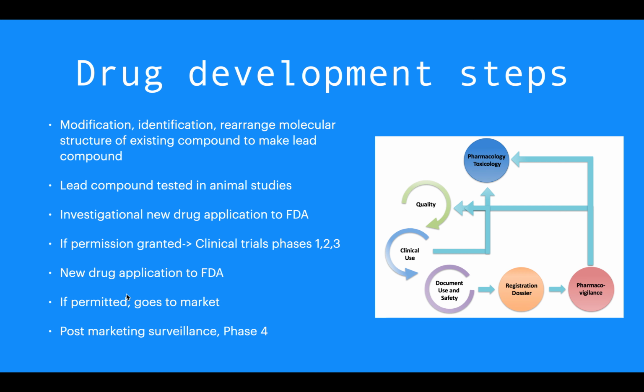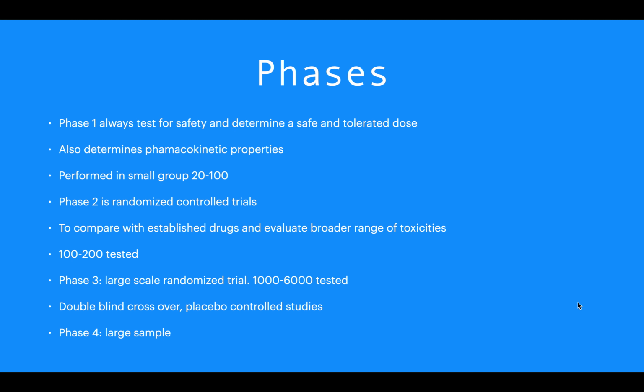So this is the investigational new drug. Sorry, that wasn't clear. You submit it like 3 times. First you submit the investigational new drug, then the actual new drug, and then if it's permitted, it goes to marketing, and then to post-marketing surveillance, also known as pharmacovigilance.